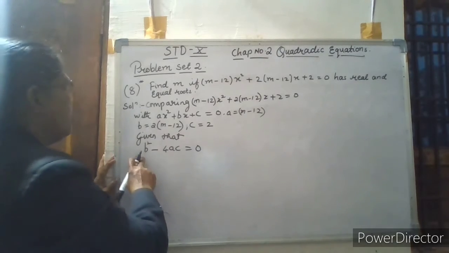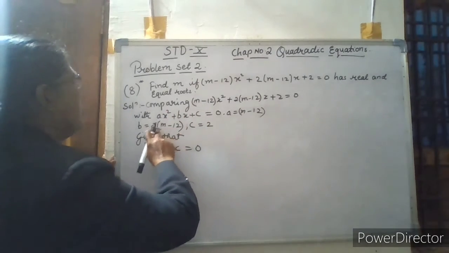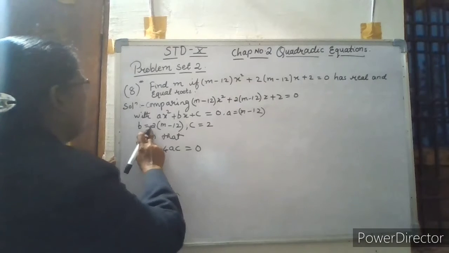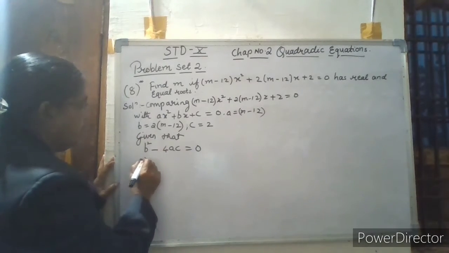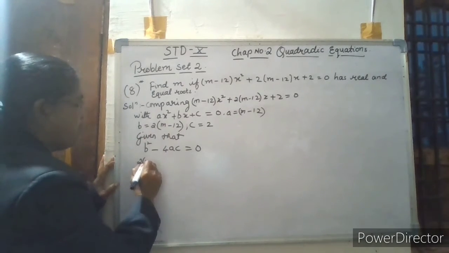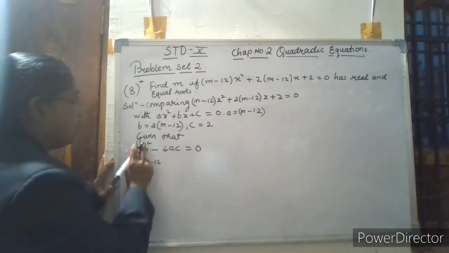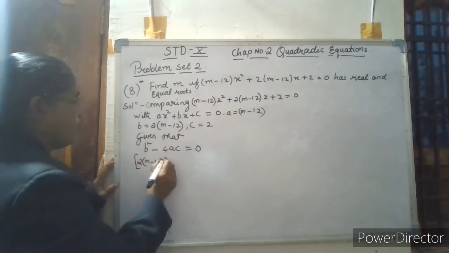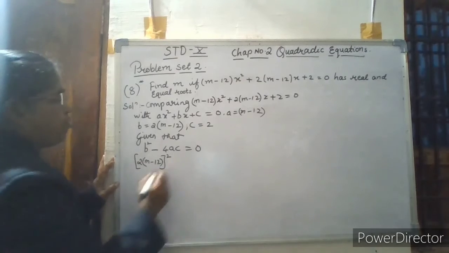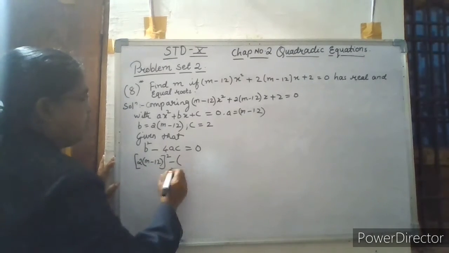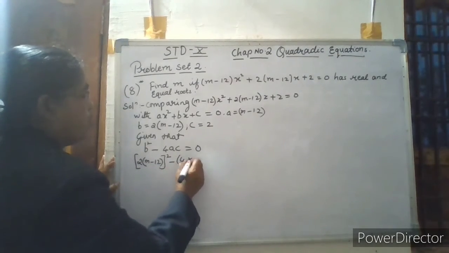So, now put the values. What is b? b is 2 into (m minus 12). The whole square we have to do for this. Whole square minus, in the bracket you put 4 into a.